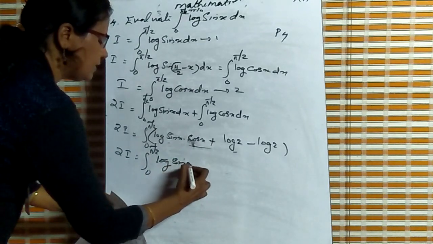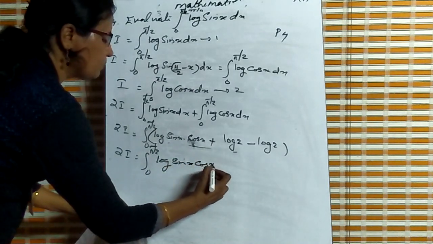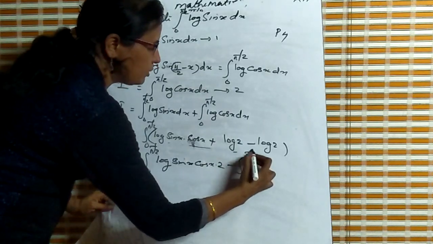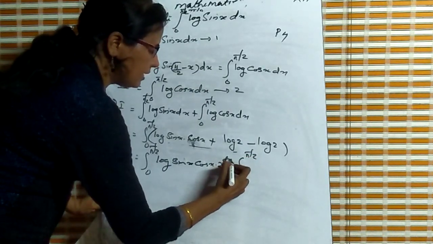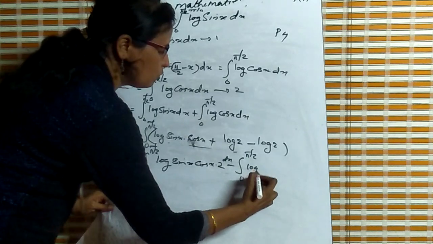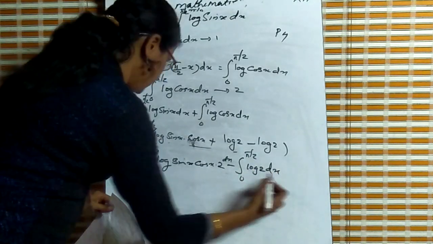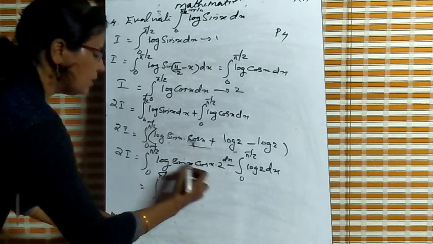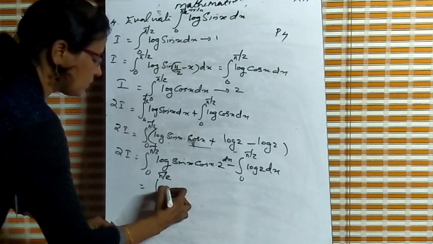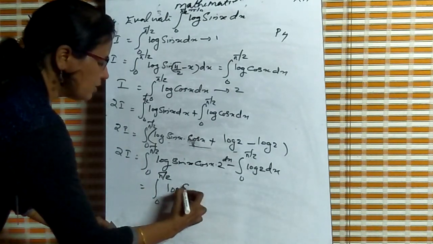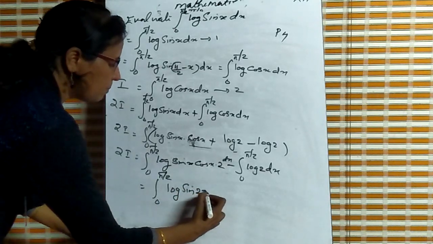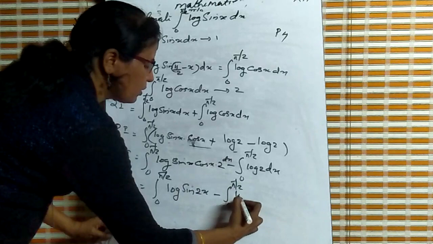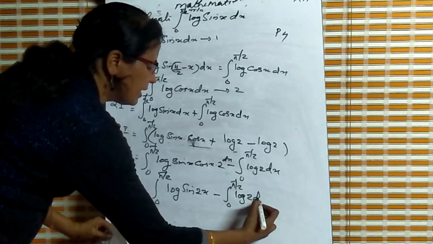Next step: 2I is equal to the integral from 0 to pi by 2 of log(2 sin x cos x), minus the integral from 0 to pi by 2 of log 2 dx. That equals the integral from 0 to pi by 2 of log sin 2x dx minus the integral from 0 to pi by 2 of log 2 dx.